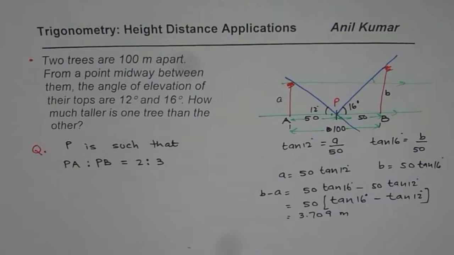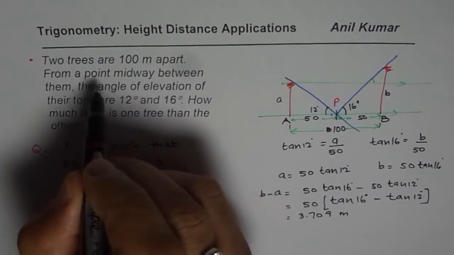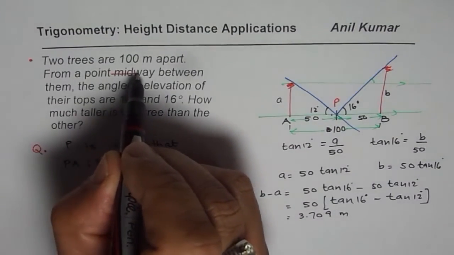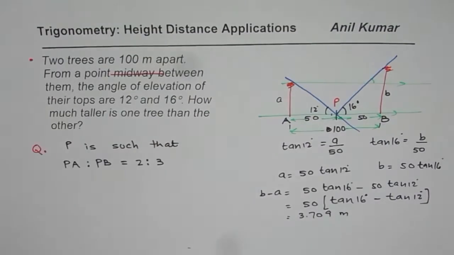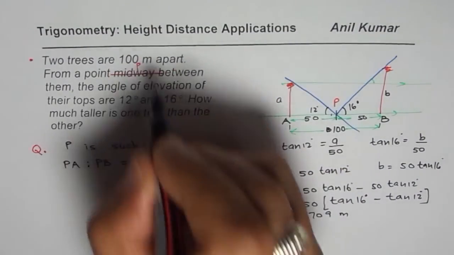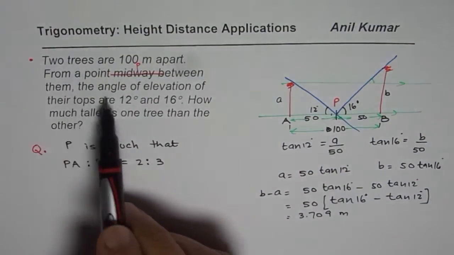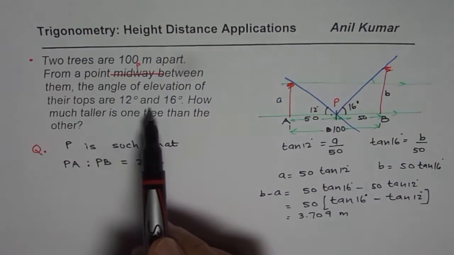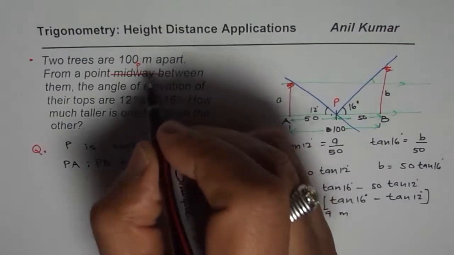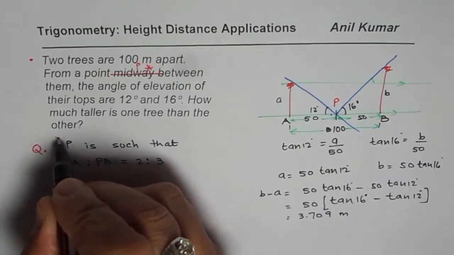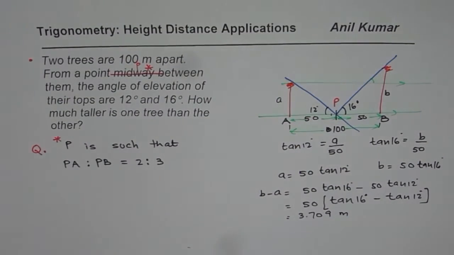So the question is that point P is such that PA is to PB is 2:3 instead of midway. What I'm changing here is the midway point. From a point P between them, the angles of elevation to their tops are 12 and 16 degrees. I'm keeping everything the same, but this point P is now qualified with something extra. It's not the mid value now.